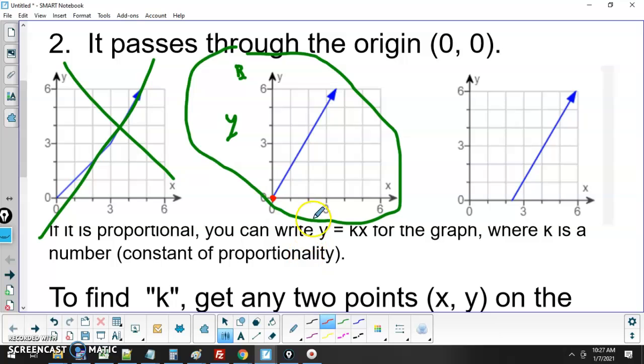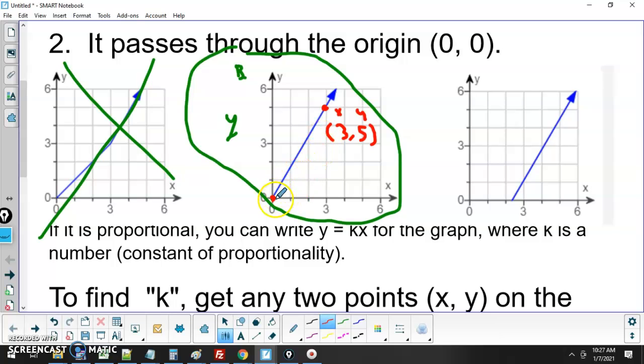So, for instance, if we go up here, I wouldn't use any points along here because I can't see them clearly. But right about here, it looks pretty clear that this point here, and when you read a point, you list the x value first, which is, in this case, 3, and then the y value, which is 5. So you have the point (3, 5). From this point, you can figure out the k value.